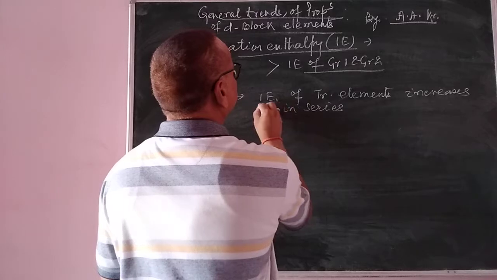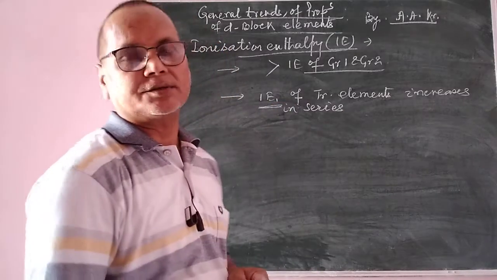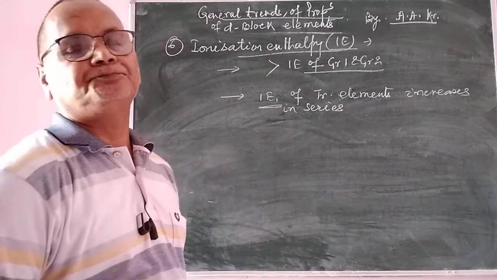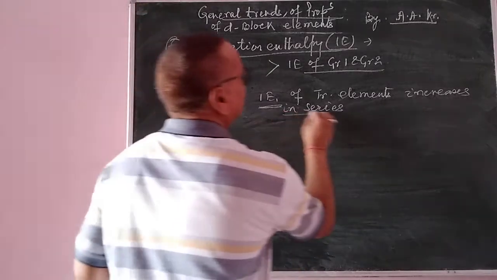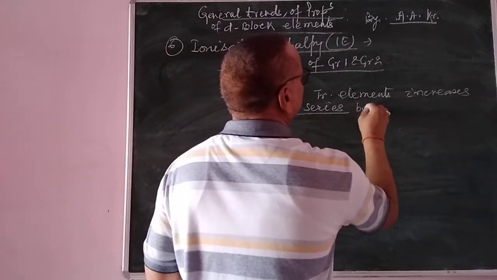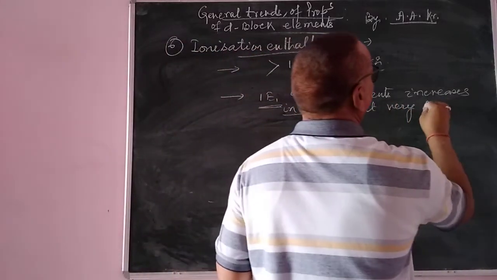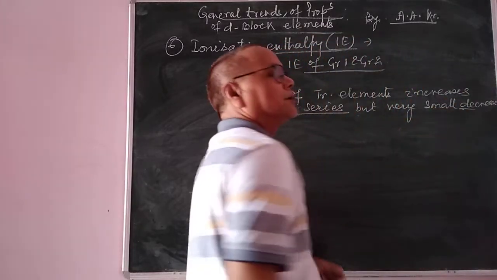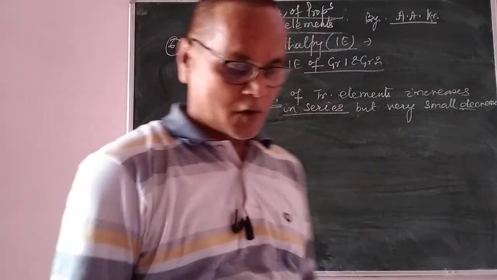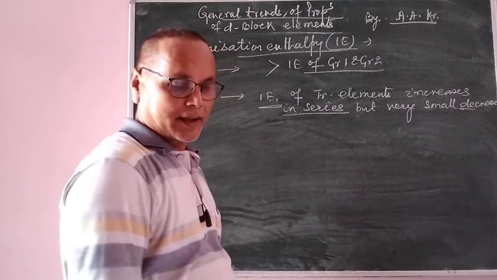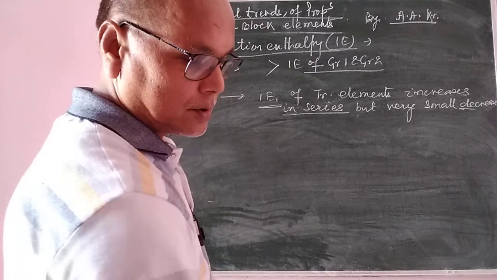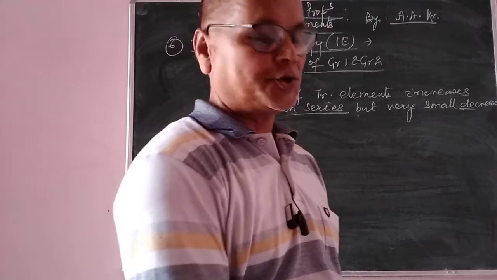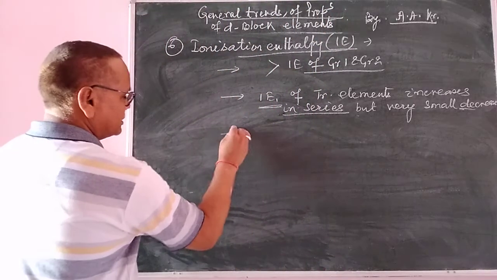But the increase of ionization enthalpy is not uniform. It increases only slightly across the d block elements, because the decrease in size is very small.